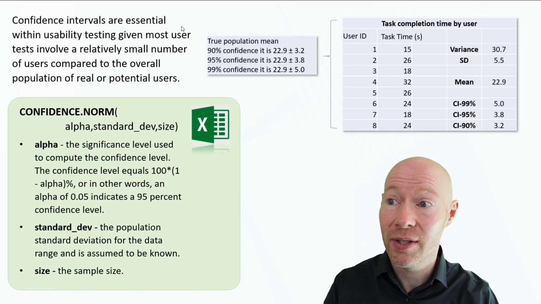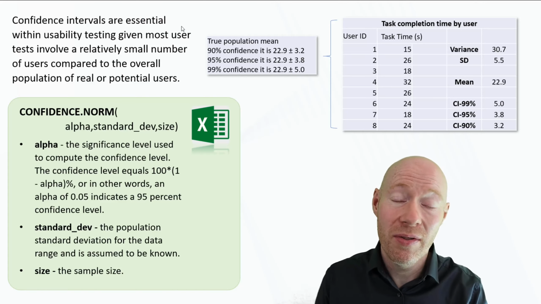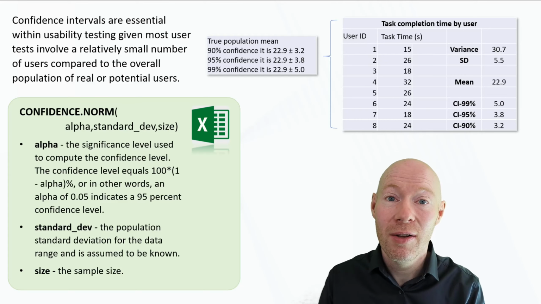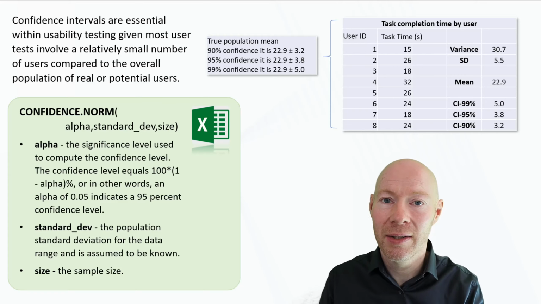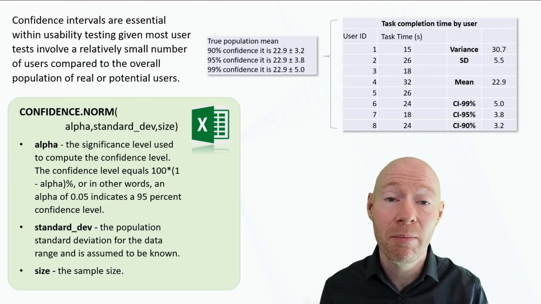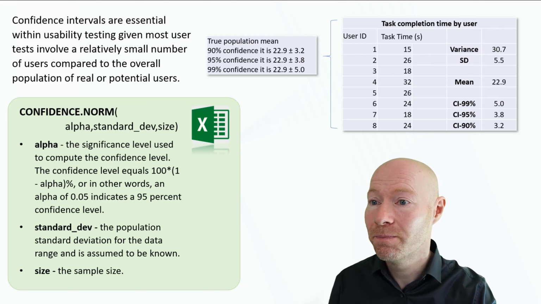Now, confidence intervals are essential because in most cases our sample size is going to be reasonably small. So we absolutely want to understand, when we attach a confidence interval to this, just over what range of values the population mean is likely to fall.